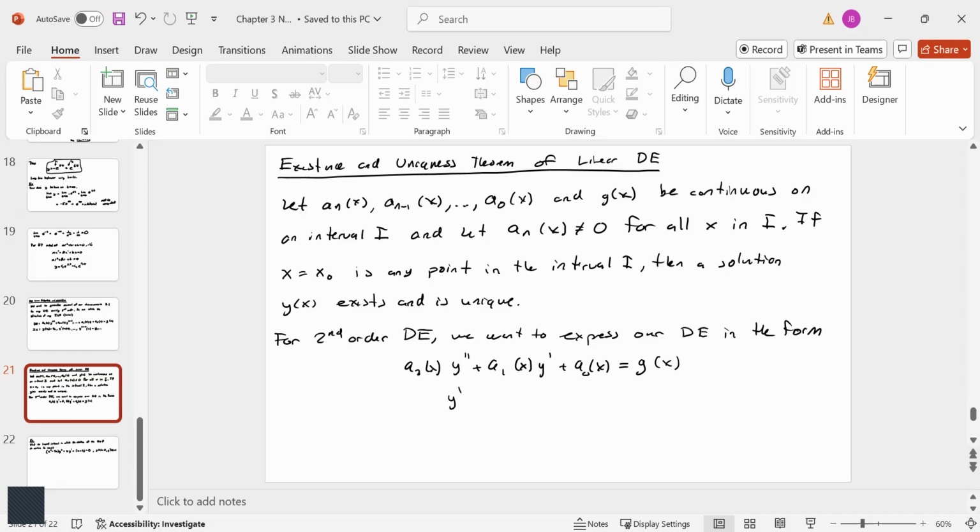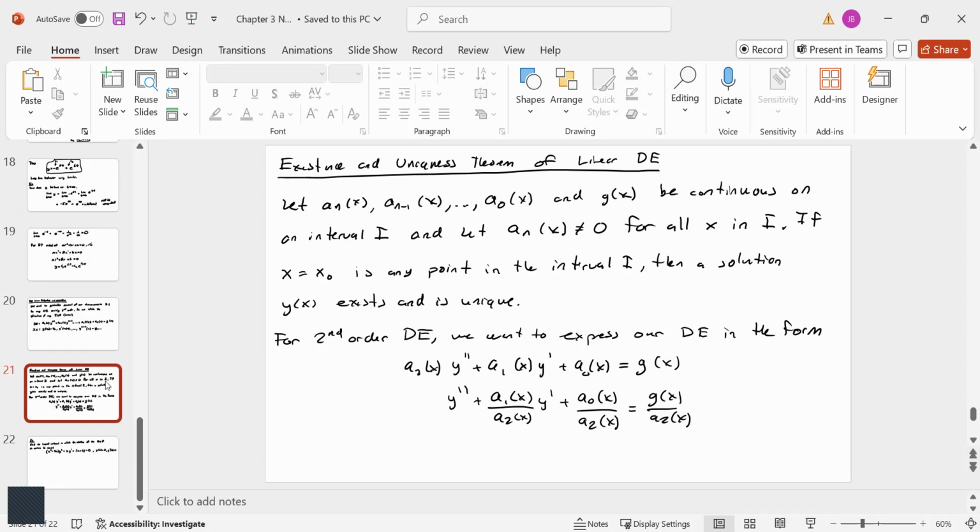We want to isolate y double prime. This just makes the process easier, because otherwise the process becomes way more challenging. And if you're wondering why we are doing this, it goes back to what we did much earlier in chapter 1, where we had to isolate y prime, dy/dx. It's the same principle.